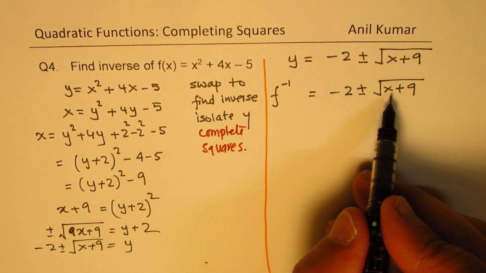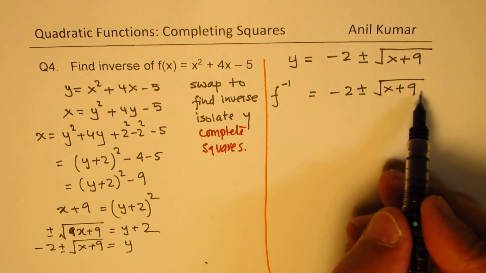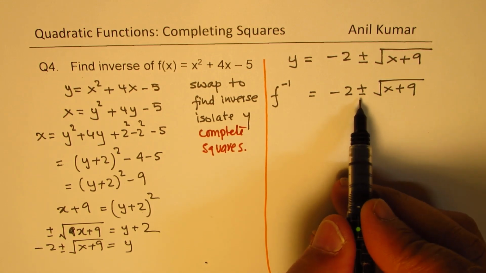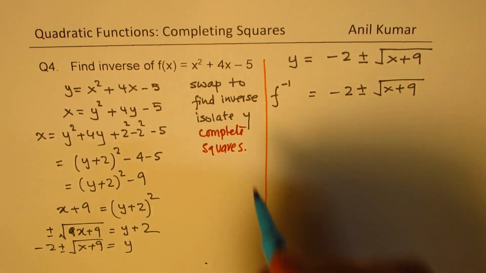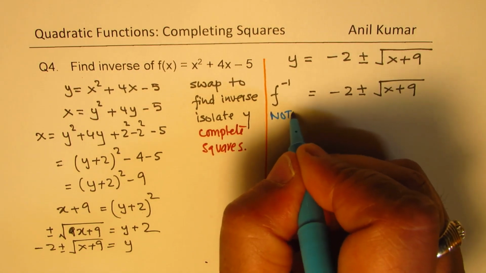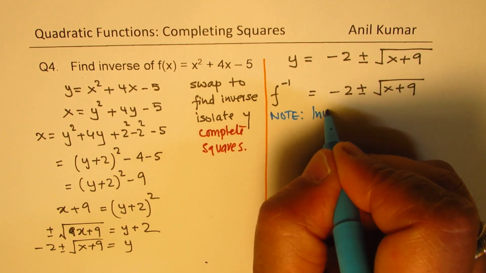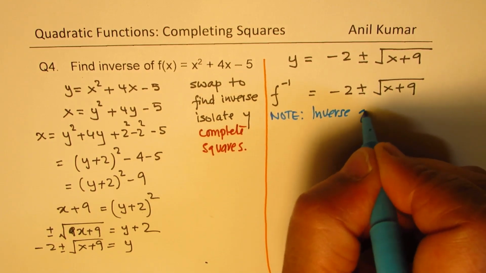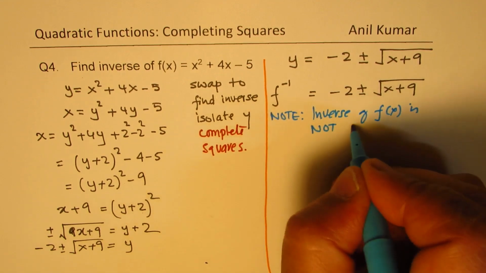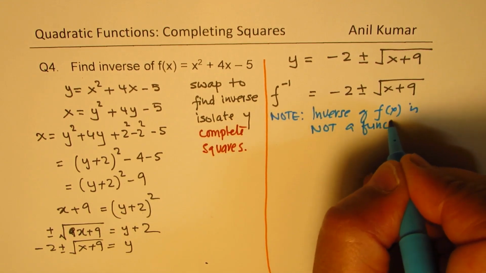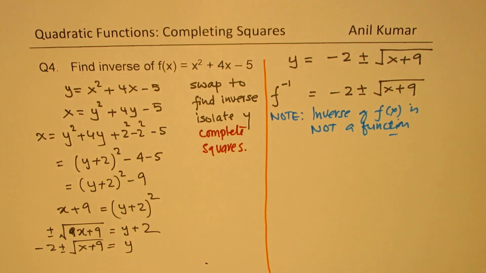Now since for every value of x in the domain, we will get two values, it is not a function, right? So note, the inverse of f of x is not a function. Is that clear to you, right?